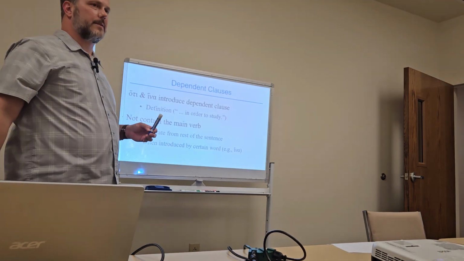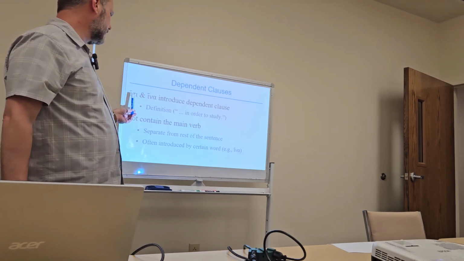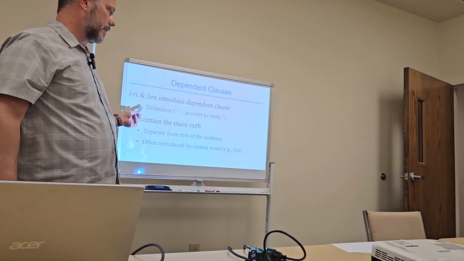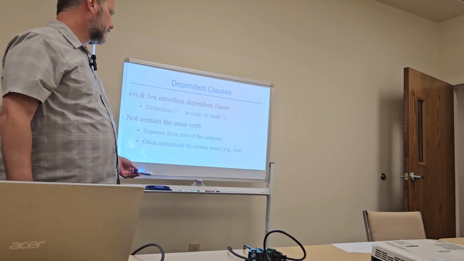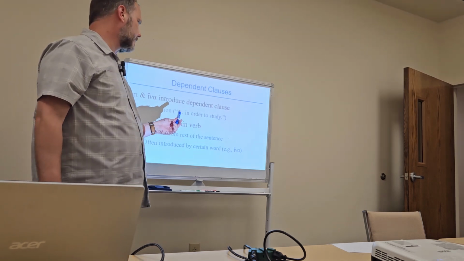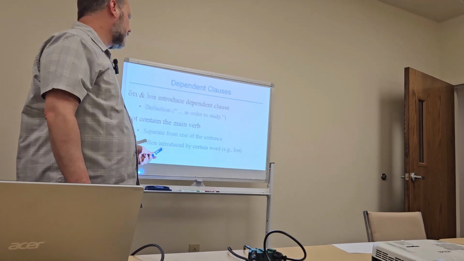So now we've got a new word here. We already know that hoti means that or which. Now we have another word, hina, which means in order to. So what I'm talking about here is dependent clauses.